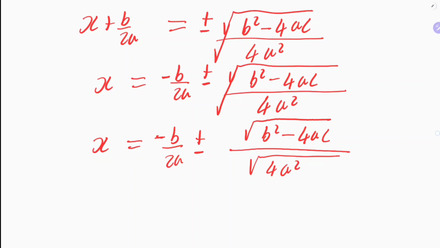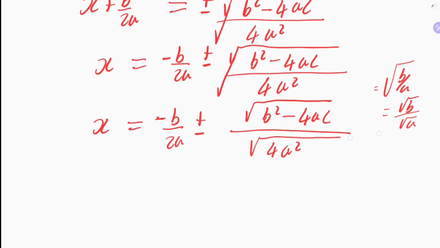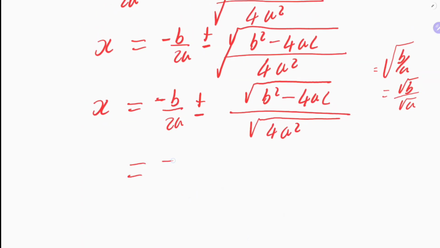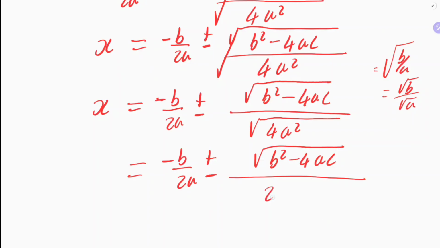If you don't, it's simply telling us that the square root of b on a is equal to the square root of b over the square root of a. So we continue: negative b on 2a plus or minus the square root of b squared minus 4ac, all divided by the square root of 4, which is 2, times the square root of a squared, which is a.